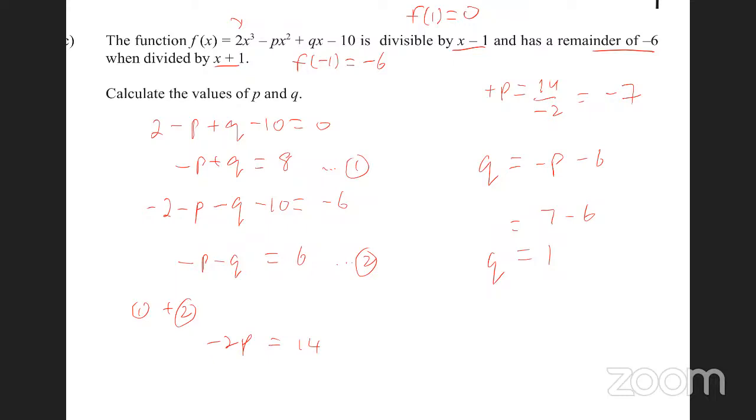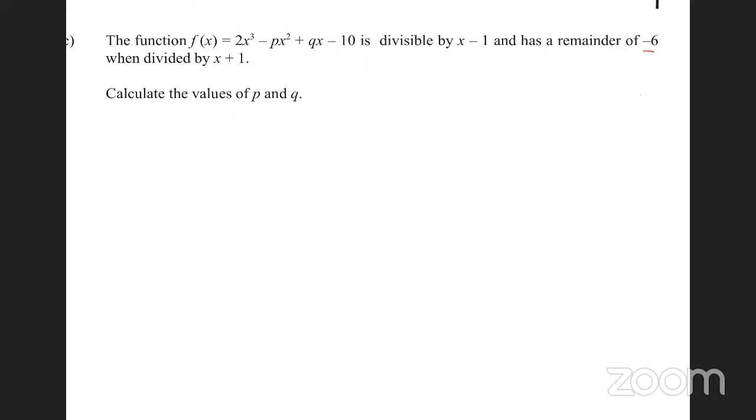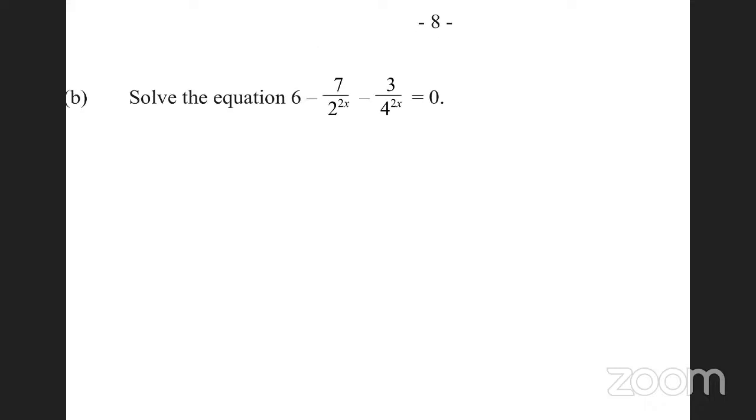Let's go to B. Do your thing. What are we looking at?